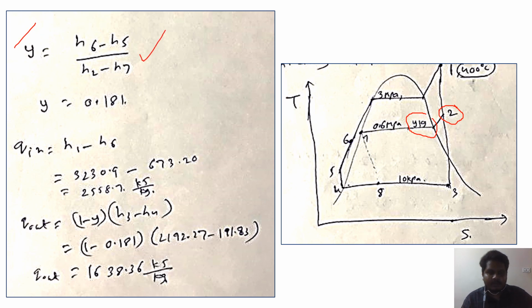This equation we already derived in one of our previous classes. So from this equation we can find the steam extraction at point 2. Here we know the values of h6, h5, h2, h7 we already calculated. Now the steam extraction equals 0.181.